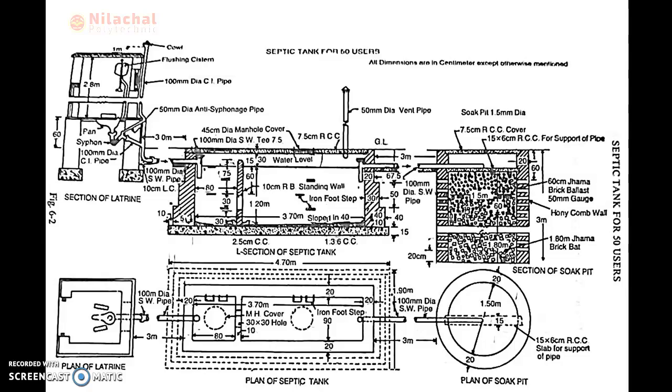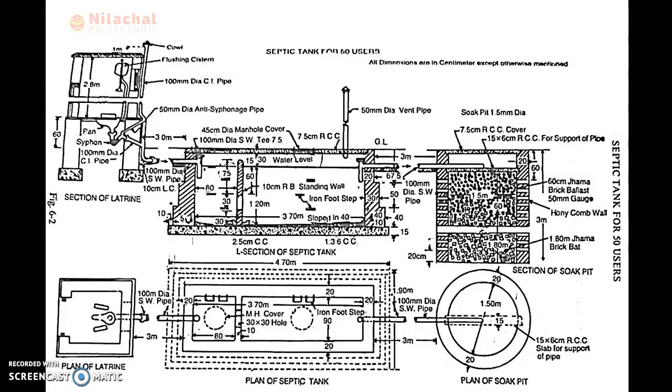Here the manholes are used, and iron footsteps are also used, and an iron pipe is connected with the latrine, the septic tank and also the soak pit. In the case of the septic tank, it serves the purpose of receiving the discharge of the latrine.